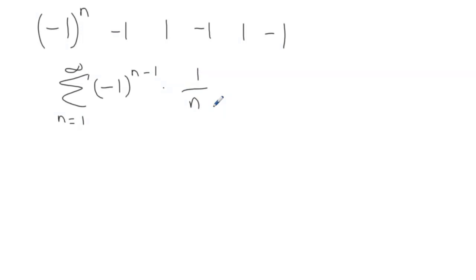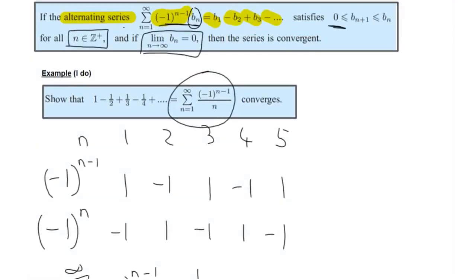If you think about the harmonic series, which is basically exactly the same series but without the minus 1 to the power bit, that doesn't converge, even though both conditions would be met if it was alternating. 1 over n is always getting smaller because n is always getting bigger, and the limit as n approaches infinity of 1 over n is 0. But the normal harmonic series does diverge. But we will see in a minute that if we've got an alternating series, so yes, it's the harmonic series, but each term changes sign, then actually this will converge.